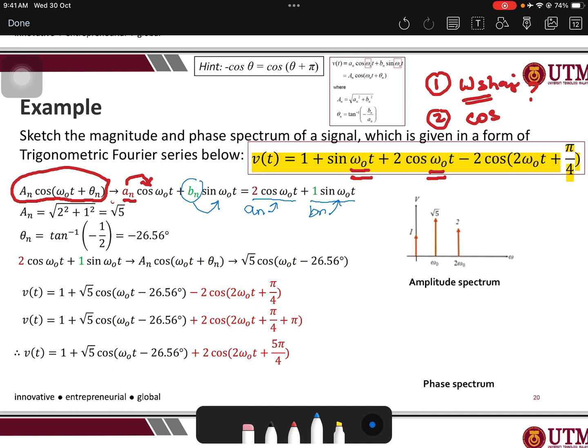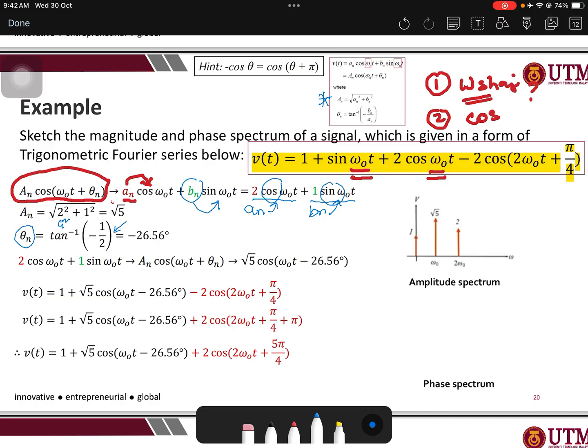From this formula, you can just calculate an squared plus bn squared. The problem is that when you mismatch the an and the bn, your phasor angle will be wrong. That is why it is very important to indicate that an belongs to the cosine and bn belongs to the sine.